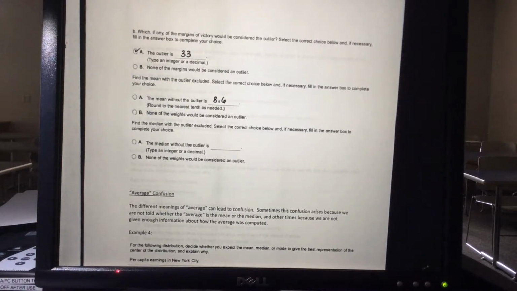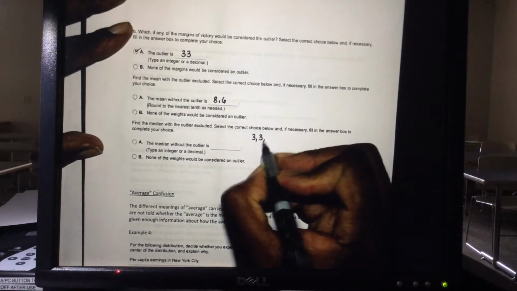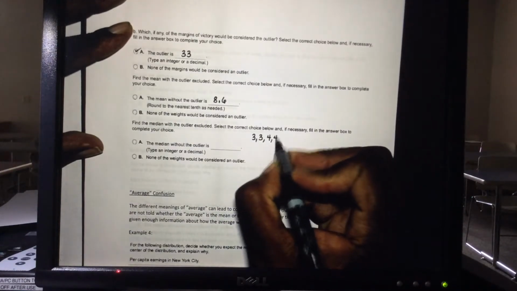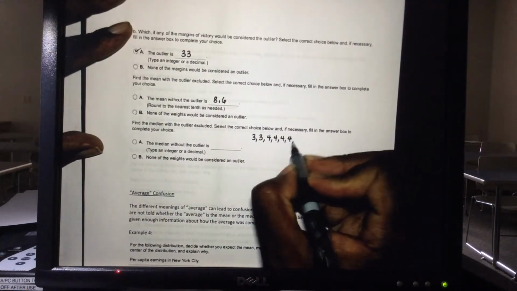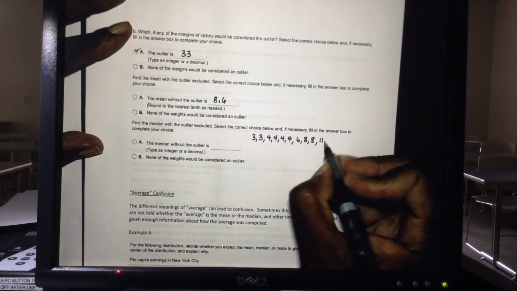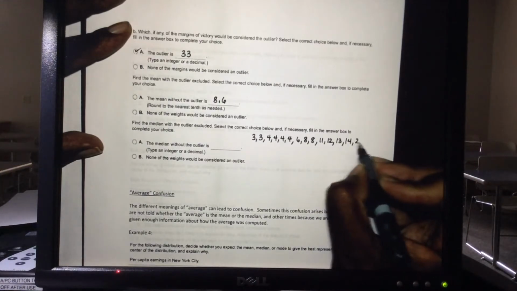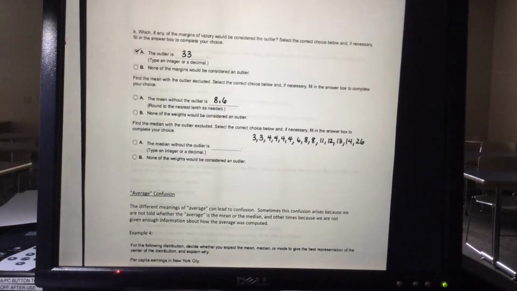Well, if we exclude that outlier, this is our data set. So we've excluded the outlier of 33. Now, we're going to use that data set to find the median.